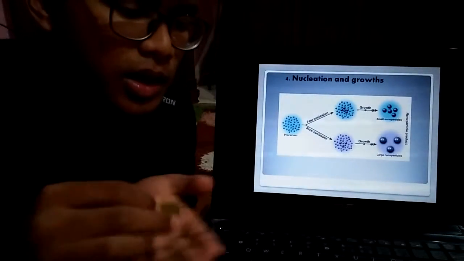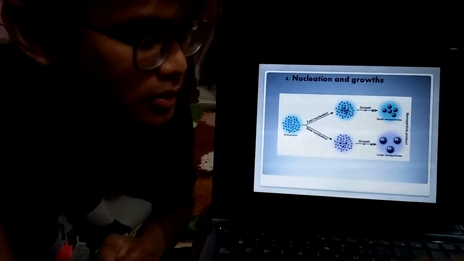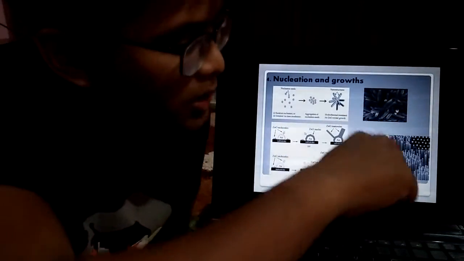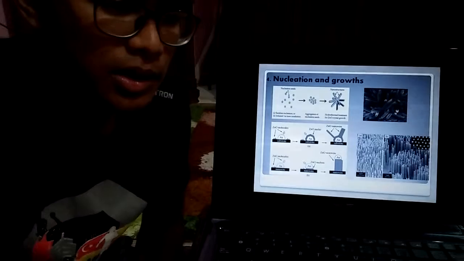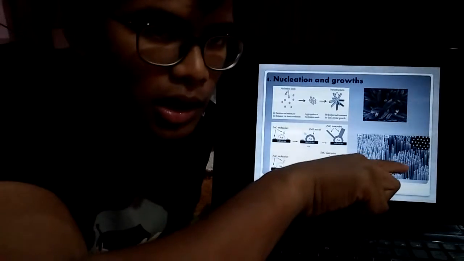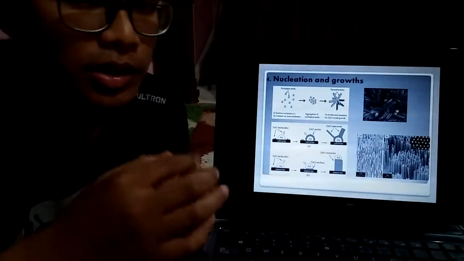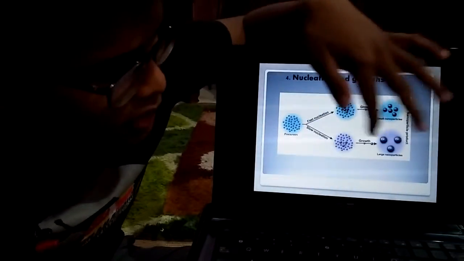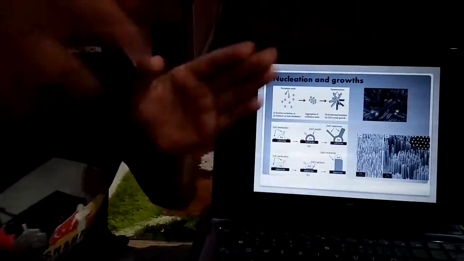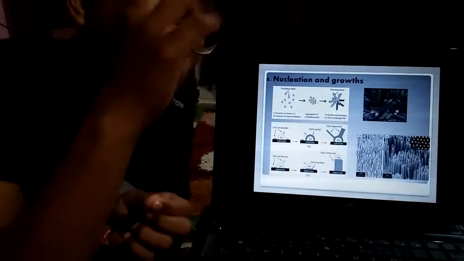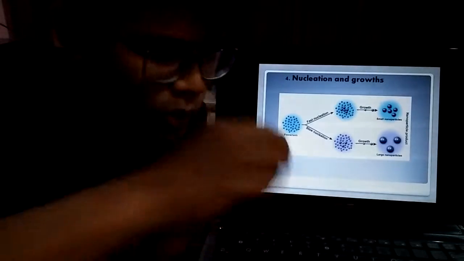So imagine like this pillar right here. The faster the particles arrive at the substrate, the smaller this pole will be. If it arrives at a slower rate, it will become larger. So basically, when it's fast, it will become small but tall. If it is slow, it will become tall also but larger.